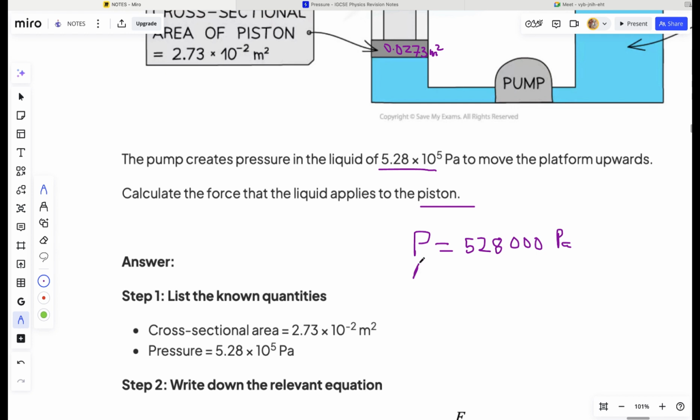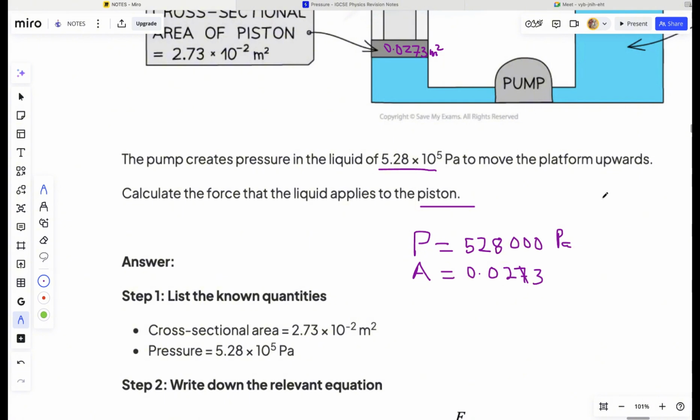And then the area with which the liquid is exerting to move the platform up is given as 0.0273. Now we are asked to calculate the force.